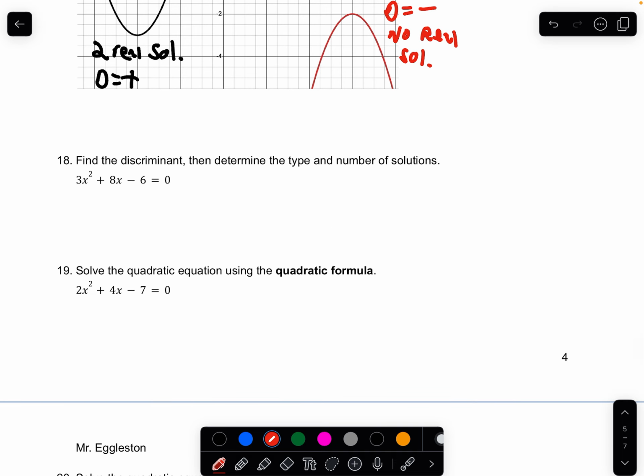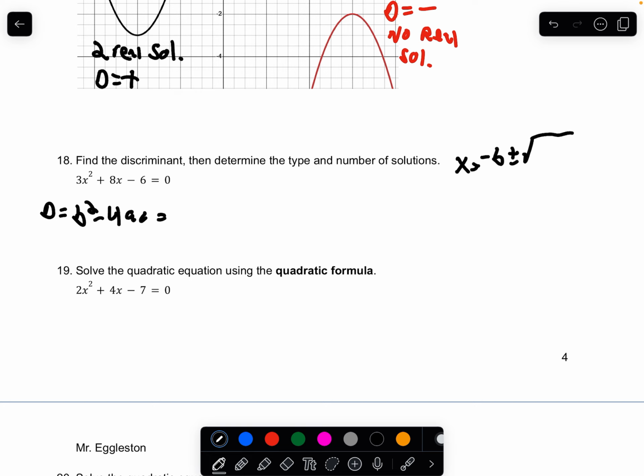18, find the discriminant, then determine the type and number of solutions. Remember, the discriminant is just D equals B squared minus 4AC, which is just what's underneath the radical in the quadratic formula. So, looking at this, B is 8, so it's 8 squared minus 4 times 3 times a negative 6.